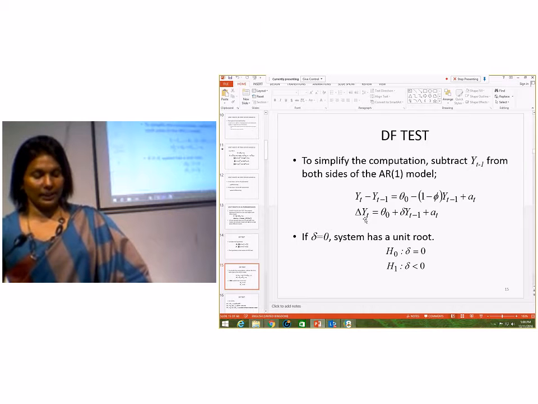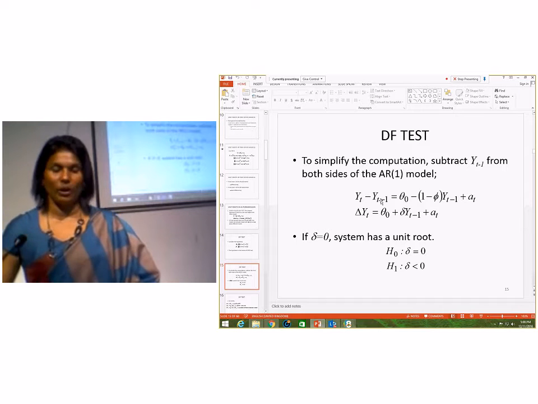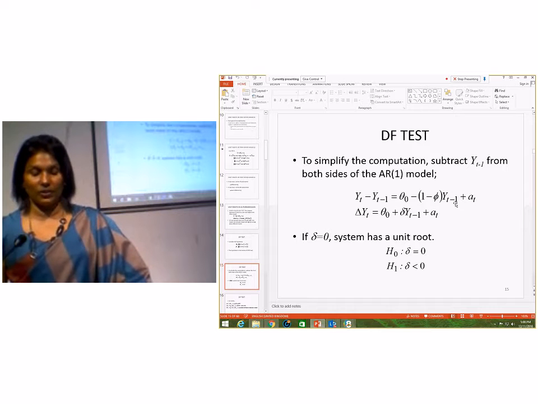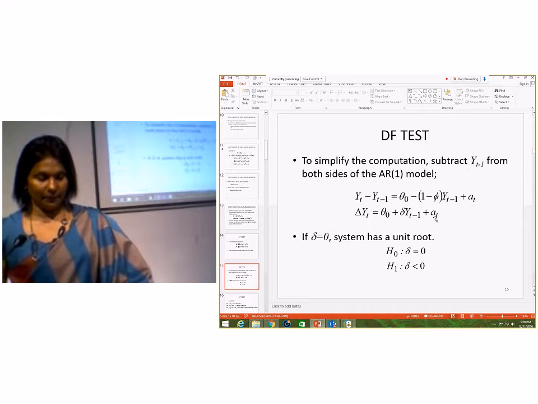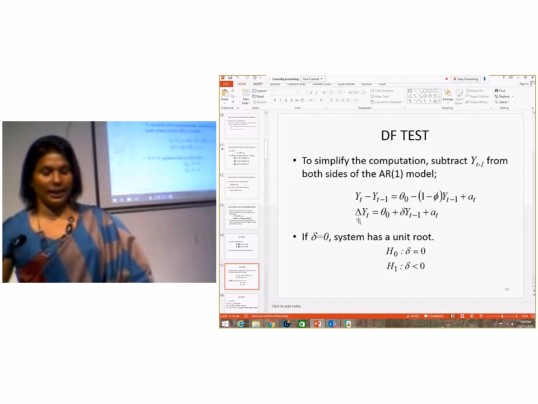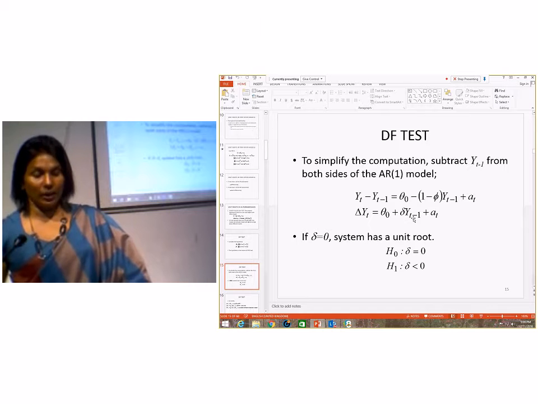Then delta yt, which is yt minus yt minus 1, equals theta 0 plus theta yt minus 1 plus at. If you know that this theta equals 0, then the system has a unit root. Then delta yt equals theta yt minus 1.